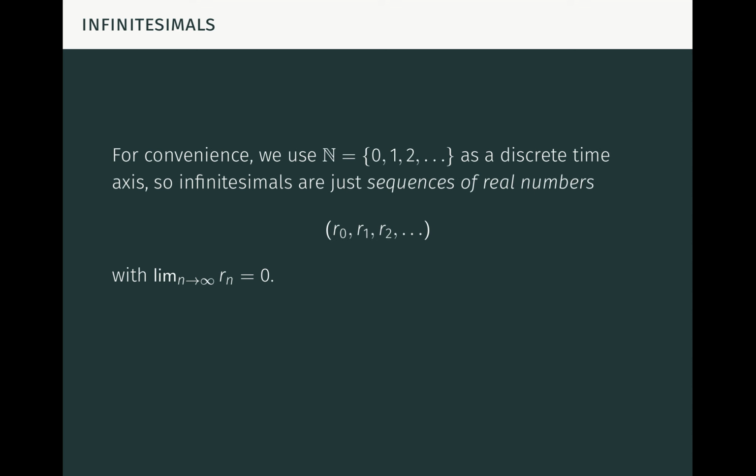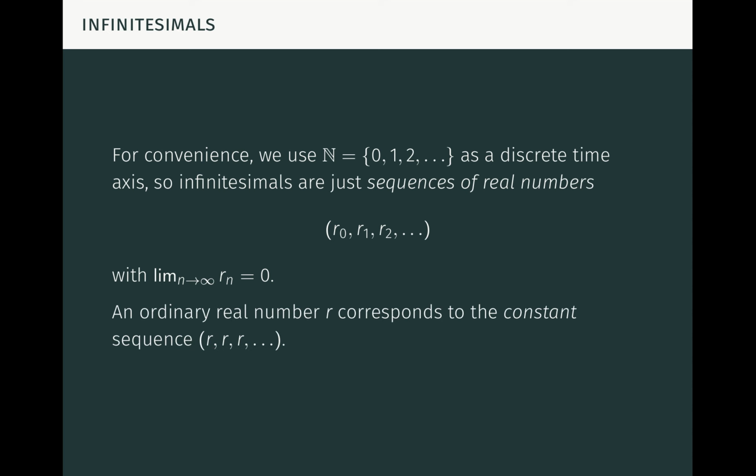For convenience, we're going to use the natural numbers n as a discrete time axis, so infinitesimals are just sequences of real numbers which converge to zero. By contrast, an ordinary real number r corresponds to the constant sequence, all of whose entries equal r.